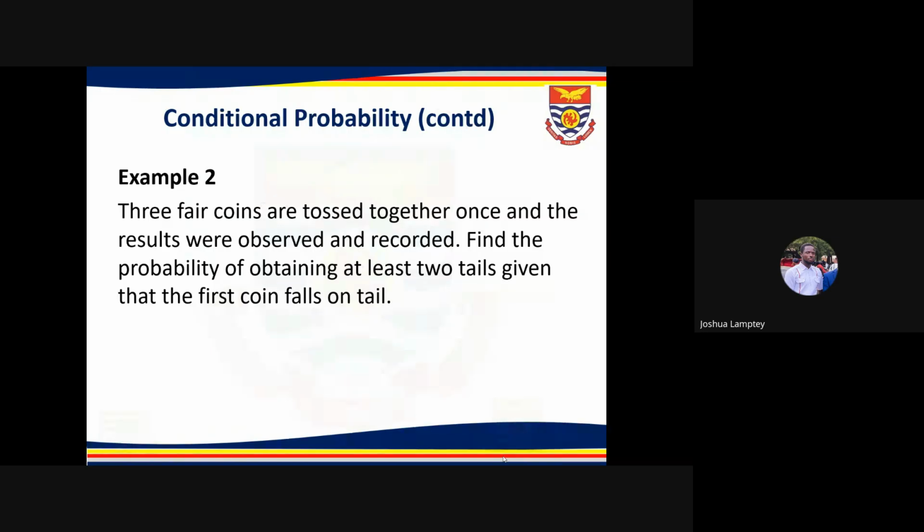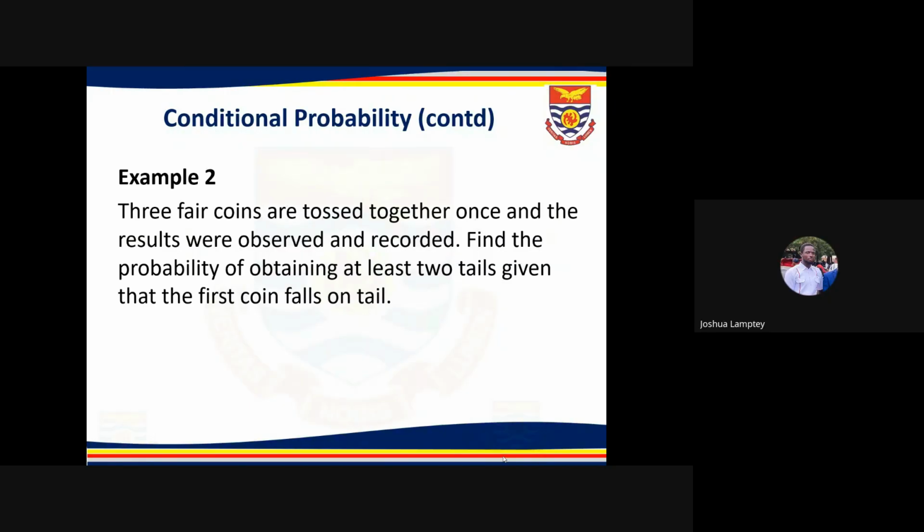Then the other part is given that the first coin falls on tail. So we are talking of if the first coin falls on tail. This one I have to do an illustration, but I don't know how to use the board.